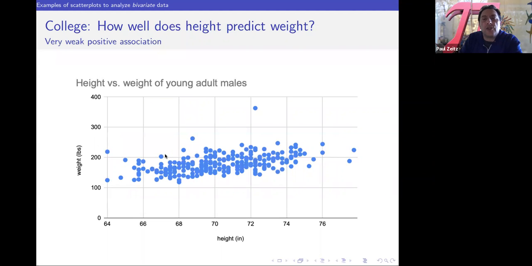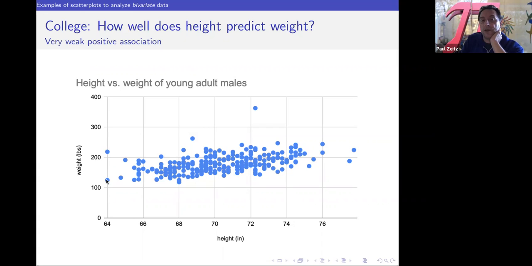And here's another one that again is using real data. It's a group of young adult males, I'm pretty sure in a college, and I have a whole spreadsheet of all kinds of biological measurements. But I just took the simplest ones, namely height and weight. And what you can see is that, for example, this person here is rather short and rather light.